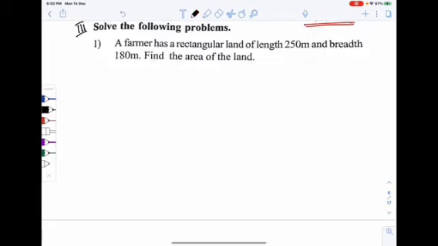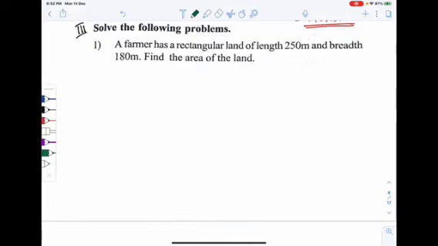Let's move on. Solve the following problems. A farmer has a rectangular land of length 250 meters and breadth 180 meters. Find the area of the land. This is from the exercise, children. Now we'll start with the given.